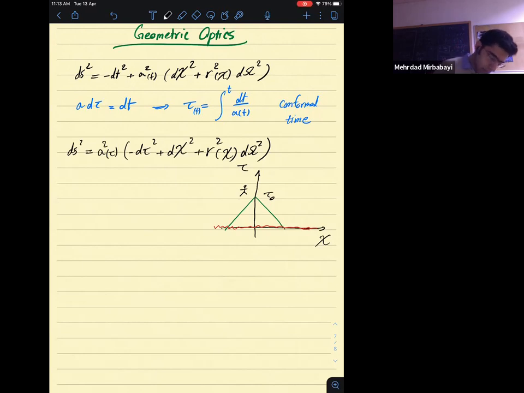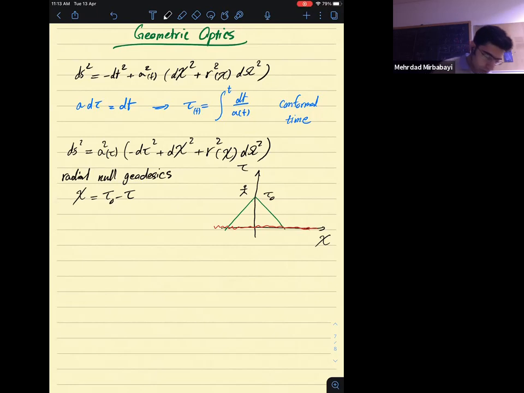What is the equation for this geodesic? Clearly it is chi equals tau naught minus tau, if I look at radial null geodesics. So in particular, at tau equal tau naught, chi will be 0, so they arrive to us.